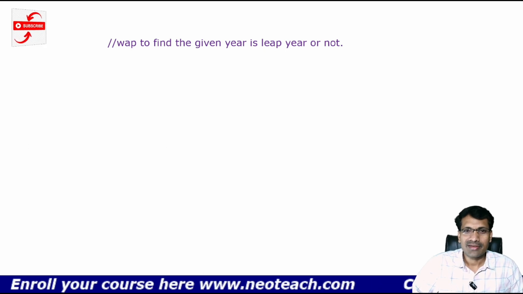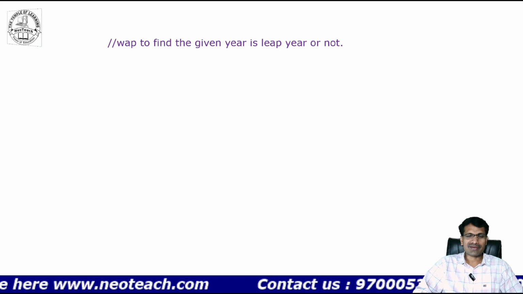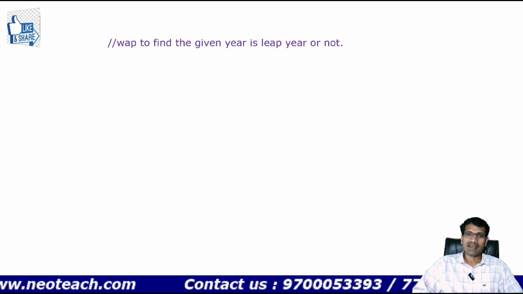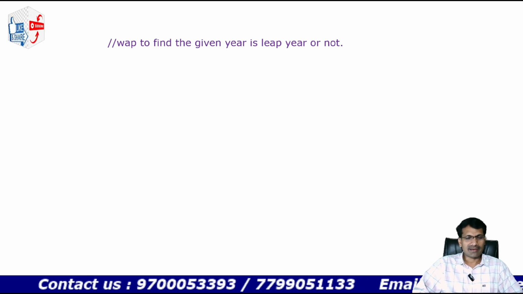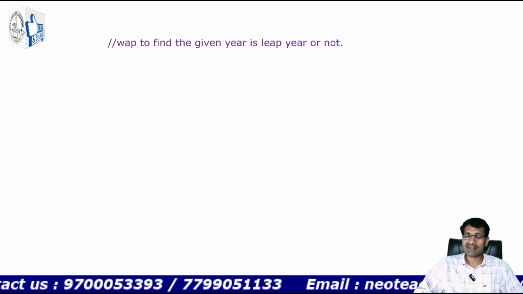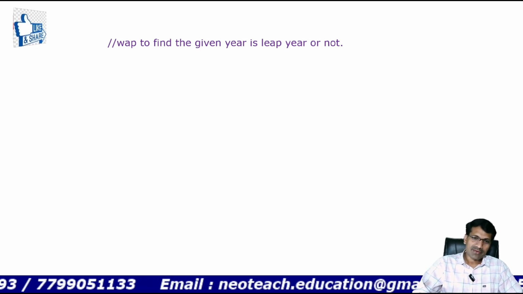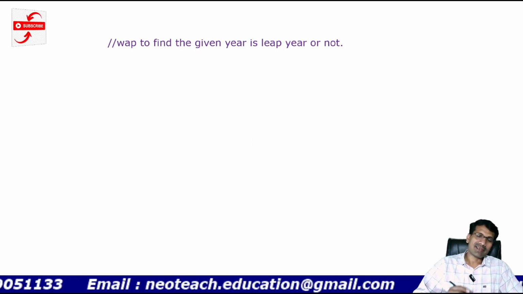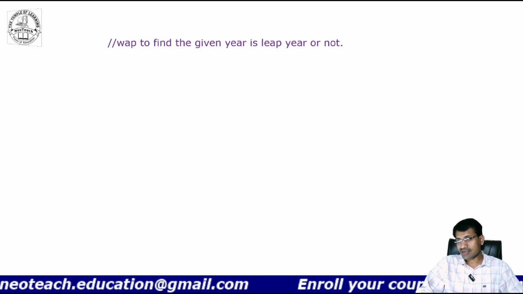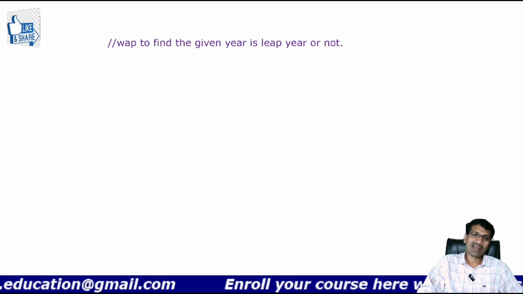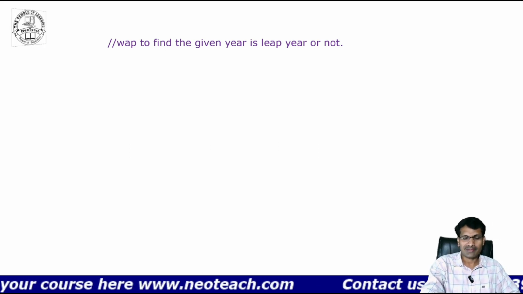Somebody will consider a year divisible by 4 to be a leap year, and somebody will say a year divisible by 100 and a year divisible by 400. A leap year has 1 extra day in February, so instead of 28, there are 29 days. Instead of 365, it will be 366 days overall.